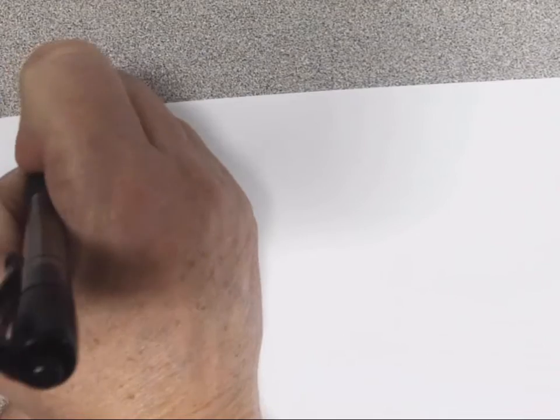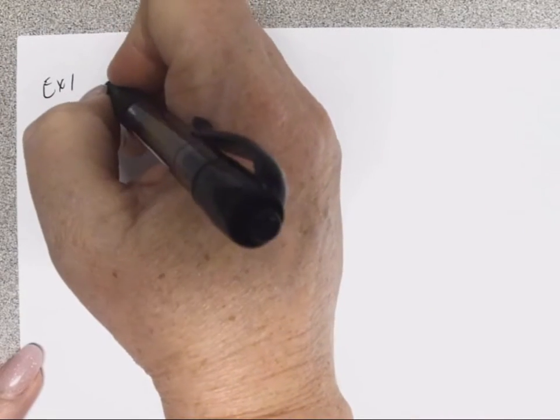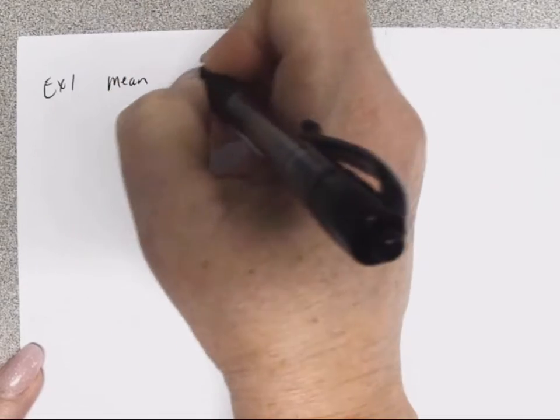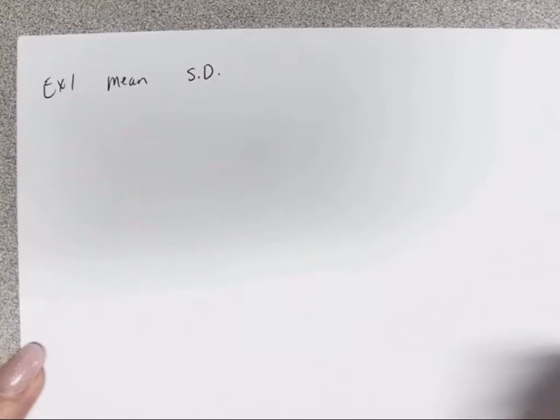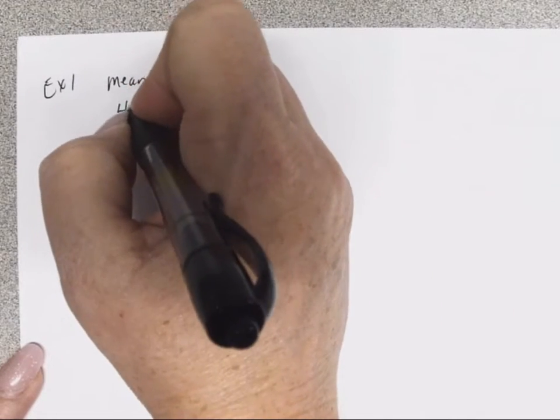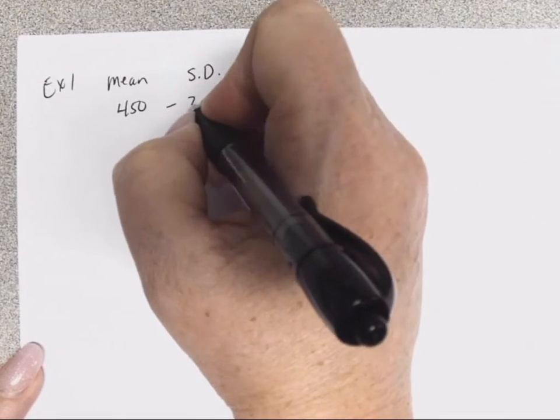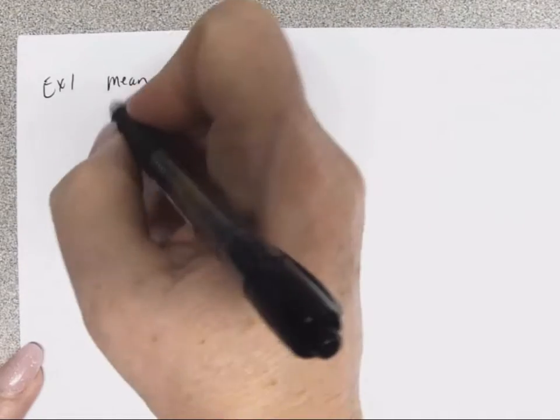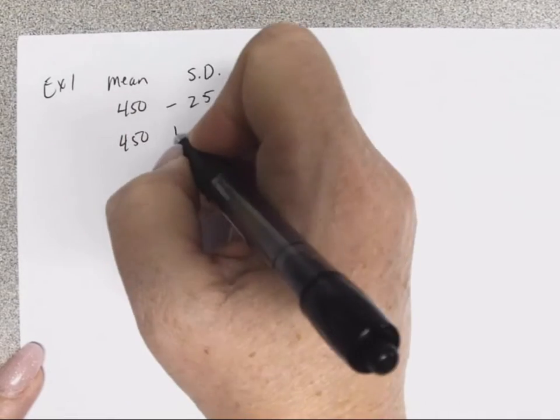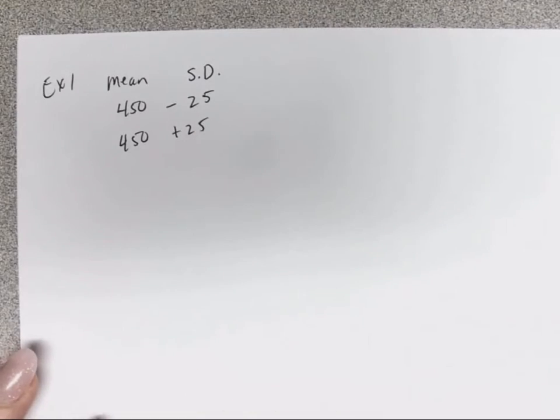So if we're looking at the information we've been given, for example 1, we are looking at the mean and the standard deviation. So we're going to take 450 and subtract the standard deviation, and we're going to take 450 and add the standard deviation.